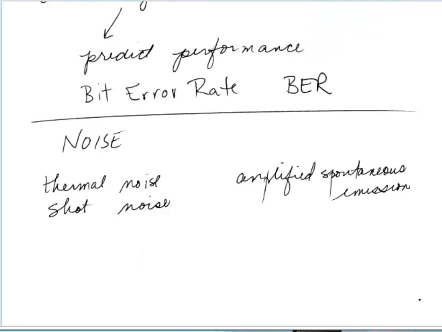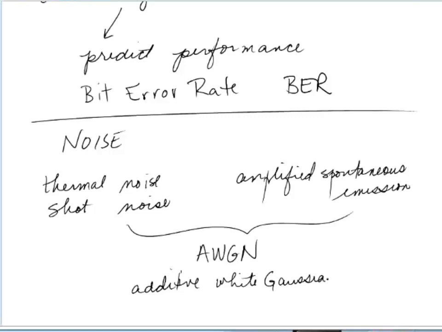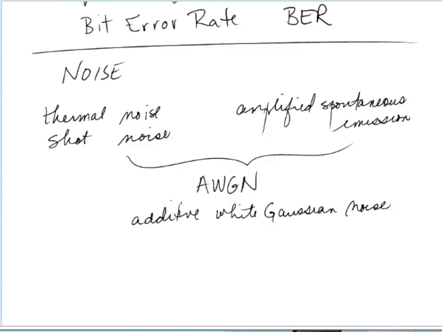These are all additive noises, and in fact these three will be modeled universally as additive white Gaussian noise. So that's one of our first simplifying assumptions. However, it's a very good assumption for most of the regimes of interest in typical optical communication systems.